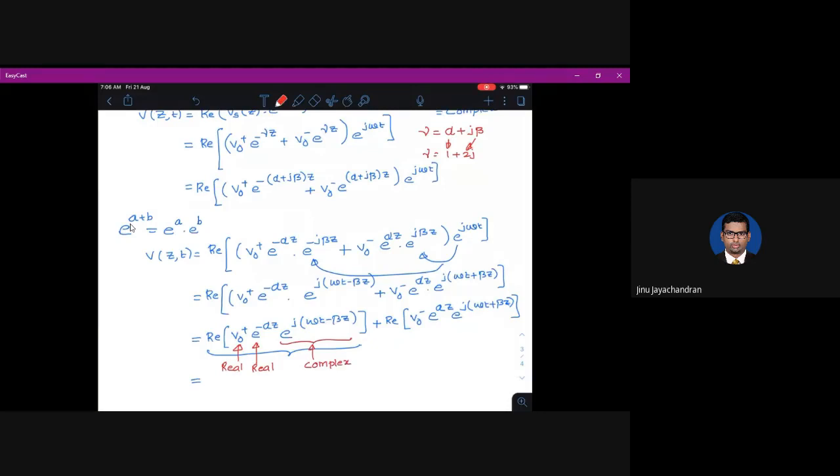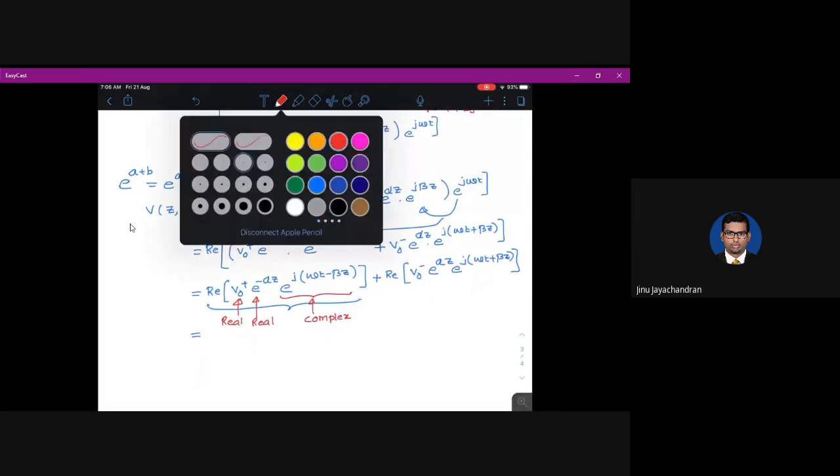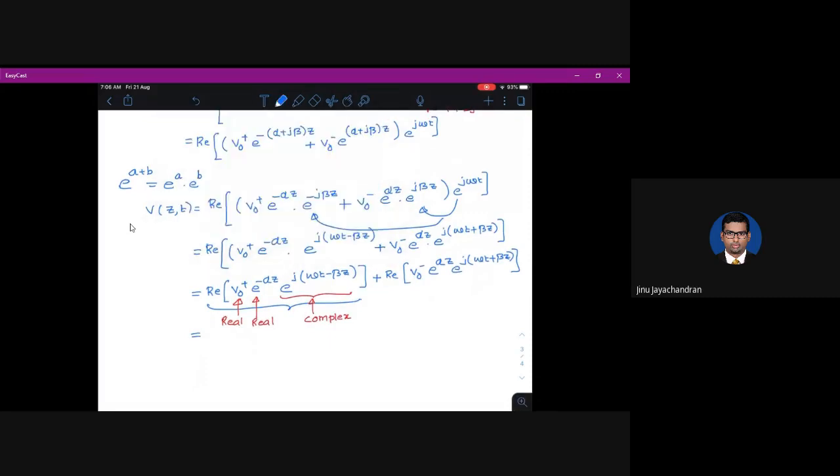So only the cos term will come when you take the real part of this. So this is v0 plus e raised to minus alpha z cos of omega t minus beta z, plus v0 minus e raised to plus alpha z cos of omega t plus beta z.